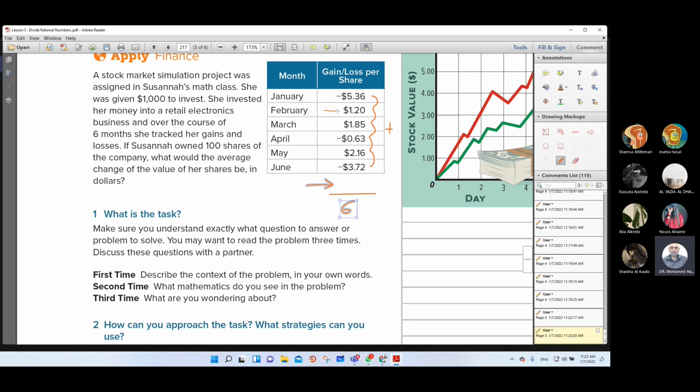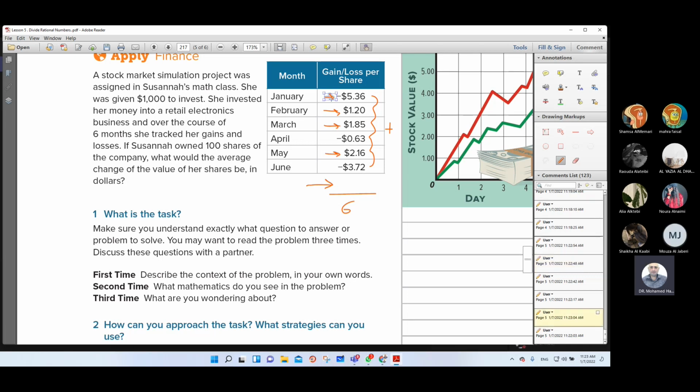Means I will add at first 1.2 plus 1.85 plus 2.16, then minus 5.36, then minus 2.16, or 0.63, then minus 3.72. So the answer will be negative 4.5.